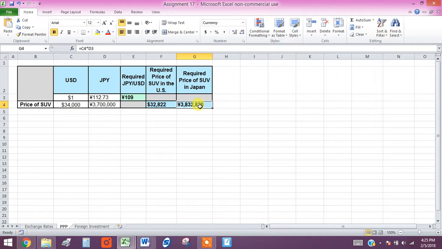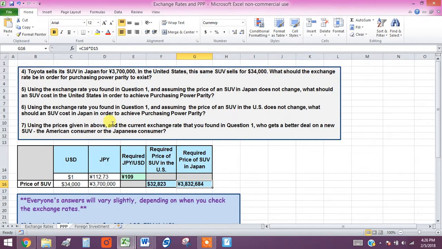So the big question is, with the prices as they are, with these prices and the current exchange rate that we have now, who gets the better deal on a new SUV, the American consumer or the Japanese?